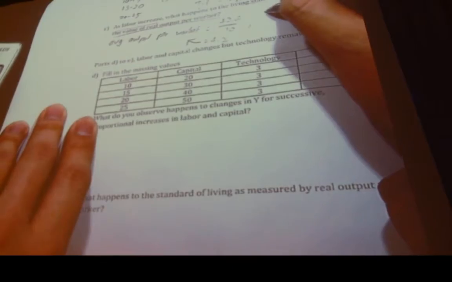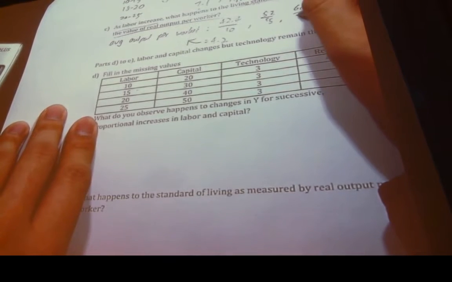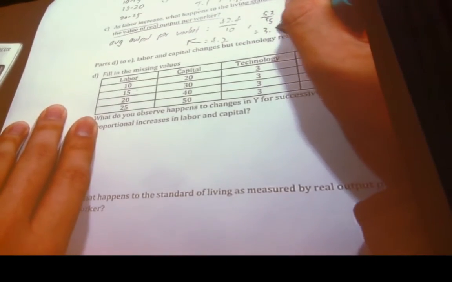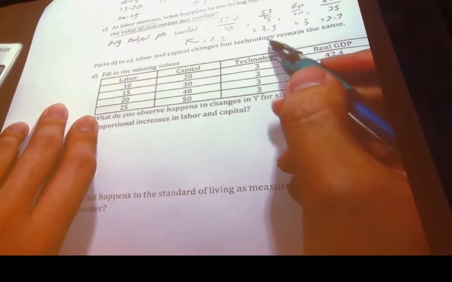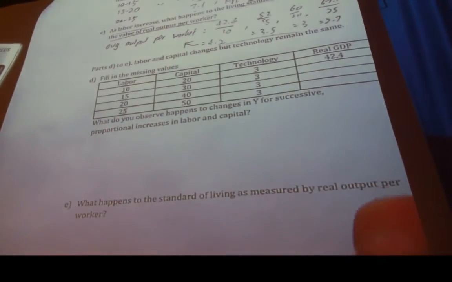Then for the next one it's 52 divided by 15, 60 divided by 20, 67.1 divided by 25. And over here you get 3.5, 3, and 2.7. As you can see, the living standard is decreasing as labor increases while capital is constant.